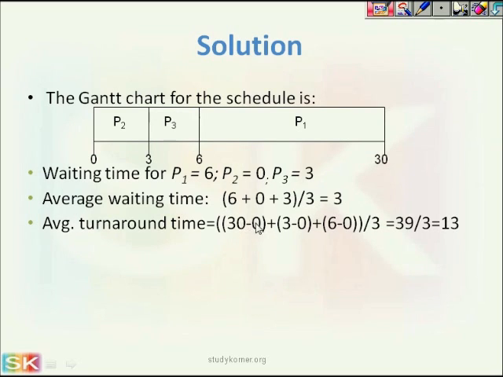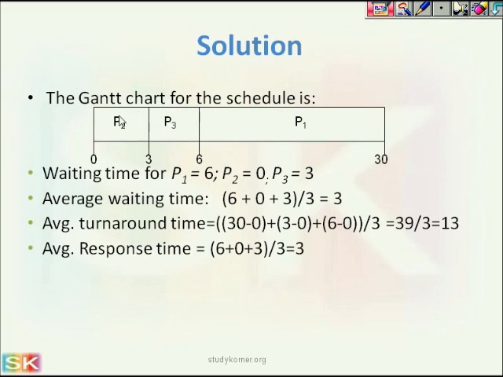So 30 minus 0 plus turnaround time for process P2, that is 3 minus 0. Process P2 is completed at 3rd second and it was submitted at time 0. So 3 minus 0 plus turnaround time of P3 is 6 minus 0, and then divided by 3, it will give you 13.